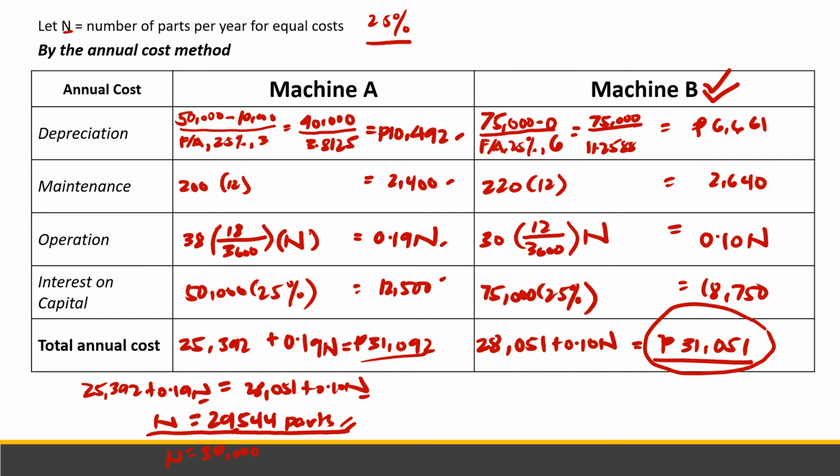So that is how important na malaman kung ano yung break-even point nung between alternatives. So machine B is the more economical choice for this problem. Okay, so for graphical solution, so cost versus number of parts. So yung cost natin is multiples of 10,000.